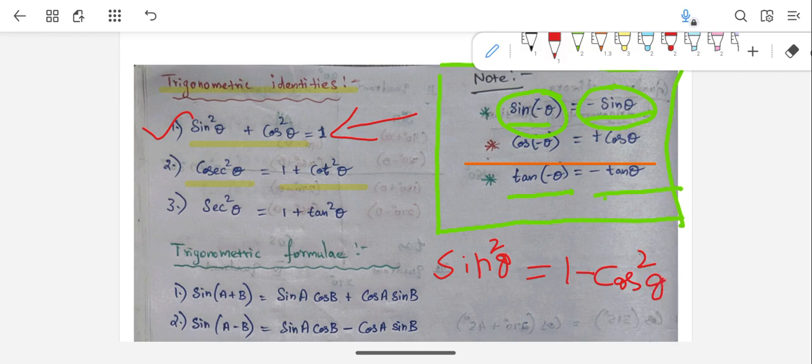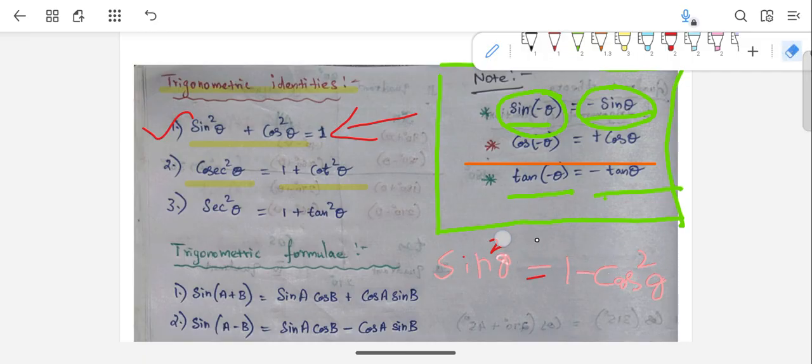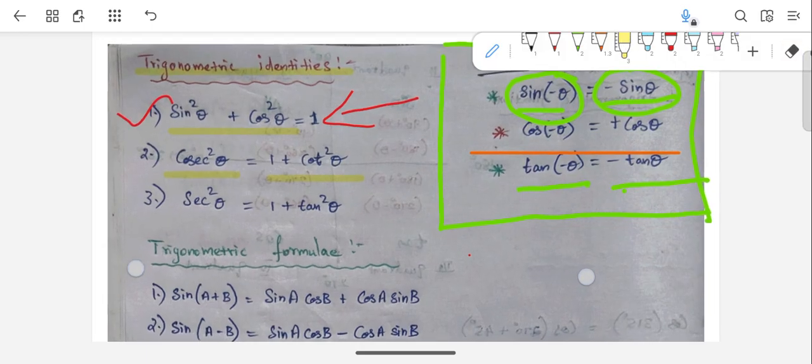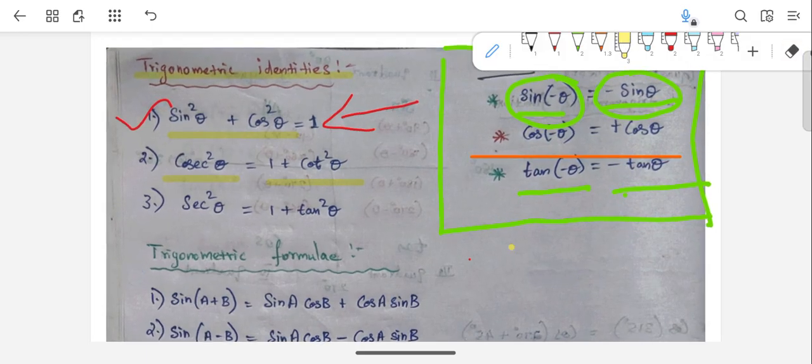The cos square theta goes to the right-hand side. Like that, you can modify these identities and use them based on how the MCQ is given. Based on your needs, you can modify it. And the third identity is nothing but secant square theta is equal to 1 plus tan square theta. As I said, wherever you have 1 plus tan square theta, you can replace it with secant square theta simply.